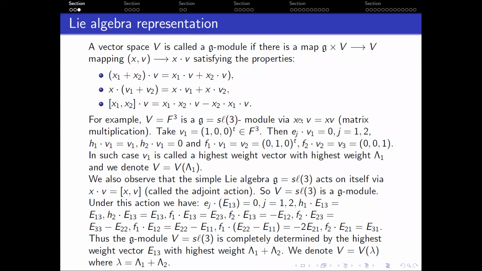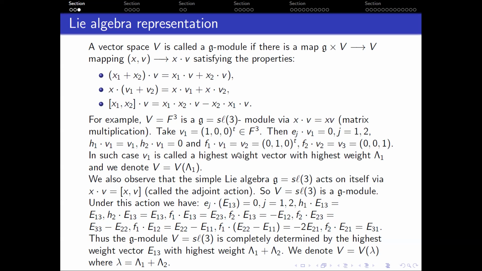X is a 3 by 3 matrix and V is a column vector, so it will produce a column vector. If we multiply E12 by V1, you will get 0. If we multiply E23 by V1, we also get 0. And that makes it a maximal weight vector.